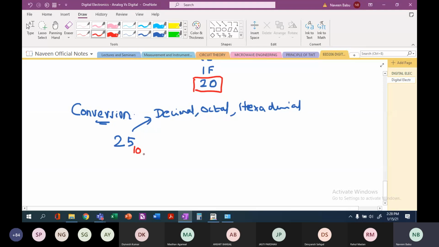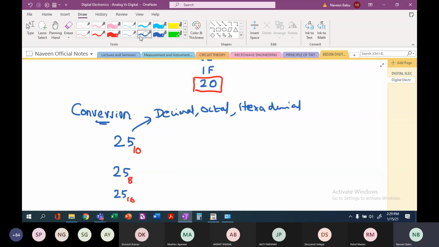And if, say, for example, this 25 belongs to an octal number system, then all I do is I write its base as a suffix like this. If this belongs to a hexadecimal number system, all I do is I write 25 and then I write 16, representing that this 25 belongs to a hexadecimal number system.